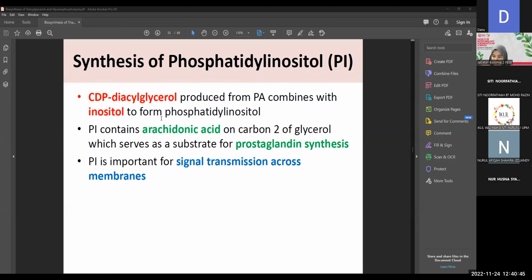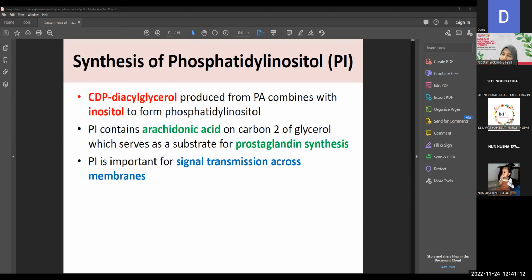Okay, so 20 carbon unsaturated fatty acid. This PI has this arachidonic acid on carbon 2. Kita tahu carbon 2 biasanya ada unsaturated fatty acid, which serves as a substrate for prostaglandin synthesis.